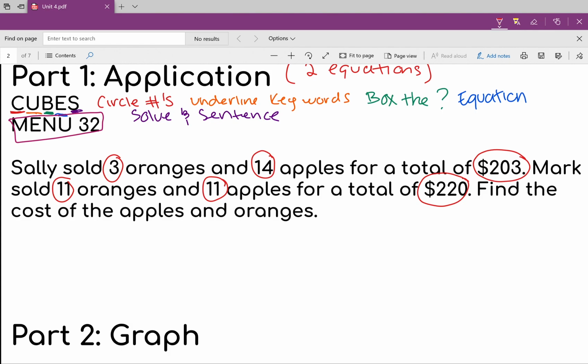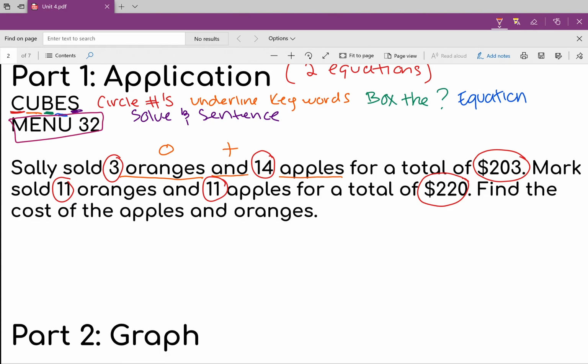Okay, that's step 1. Then it says underline key words. So our key words here are going to be our variables. So let's see, oranges could be O, right? And means plus.